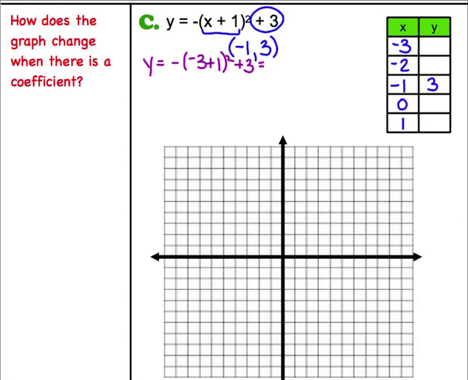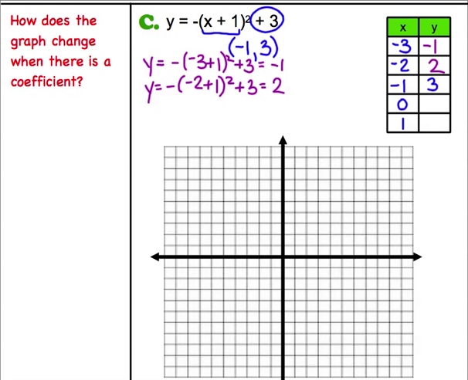So negative 4 plus 3 is negative 1. And then I've got y equals the negative of negative 2 plus 1 squared plus 3. Negative 2 plus 1 is negative 1. Negative 1 squared is 1. Take the negative of that, so it's back to negative 1, plus 3 is 2.